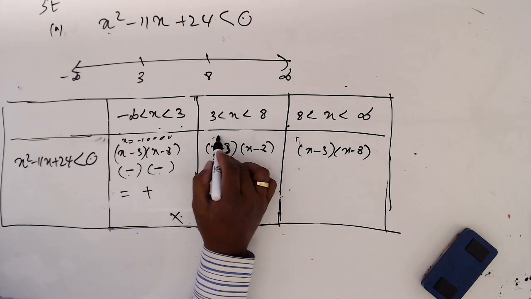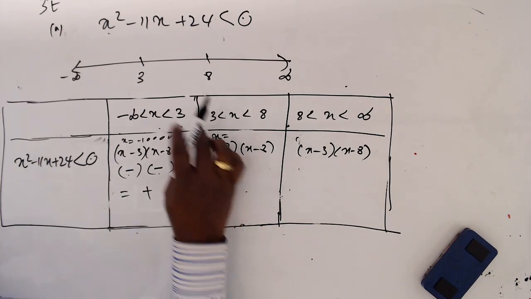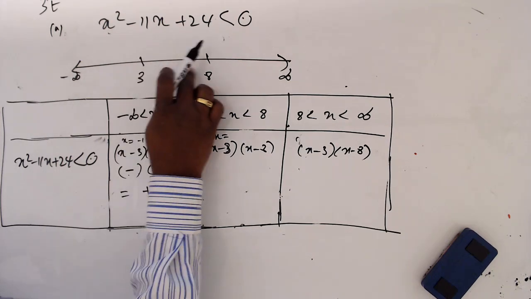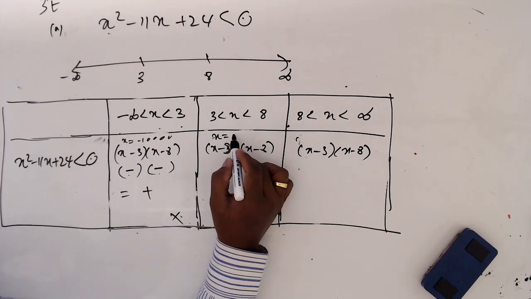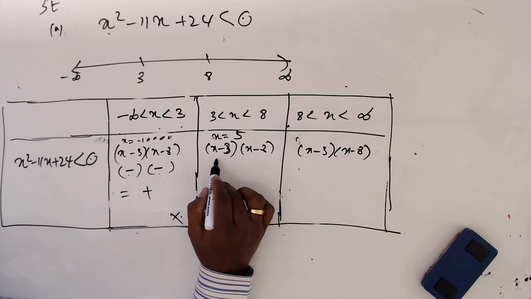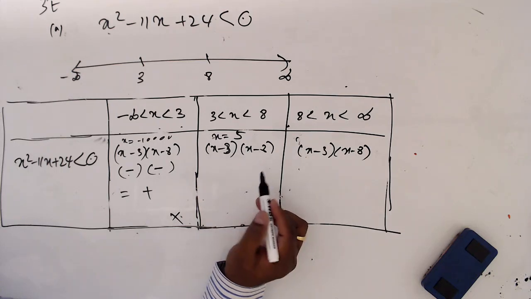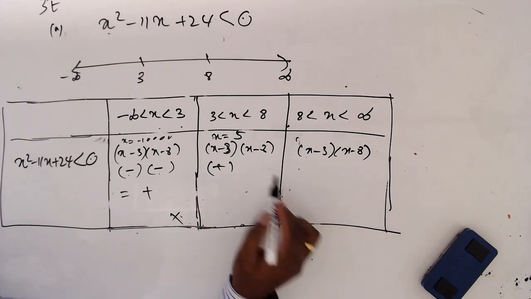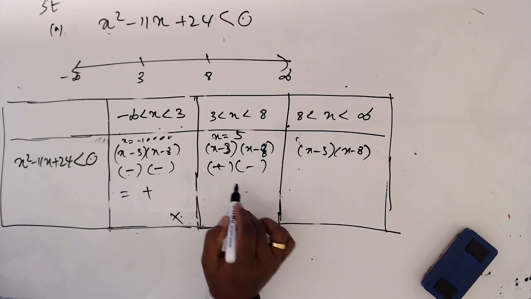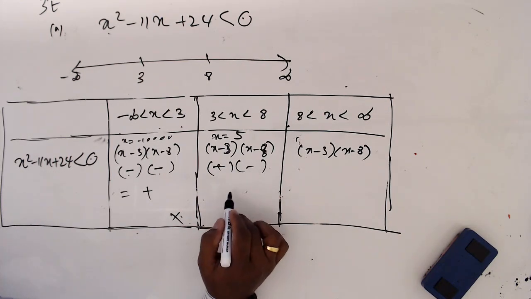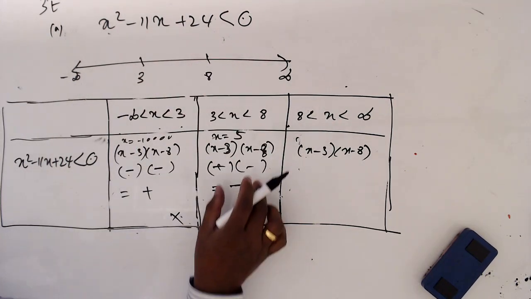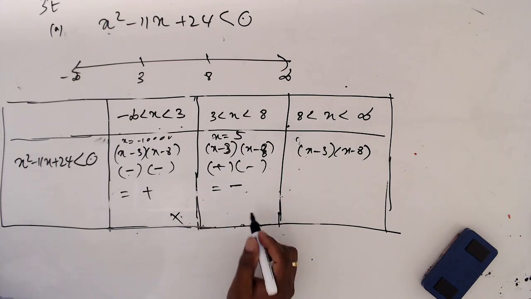Now I will take x equal one number in between 3 and 8, x equal 5. So 5 minus 3 is plus 2, which is positive. 5 minus 8 is minus 3, which is negative. Plus times minus is negative. It does match this inequality, this interval.